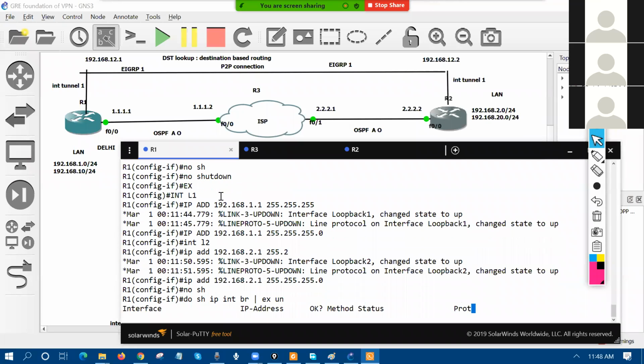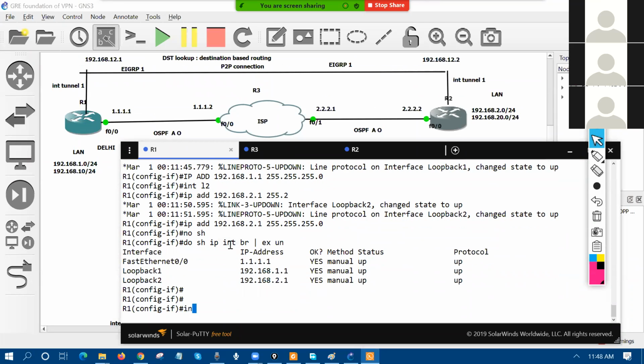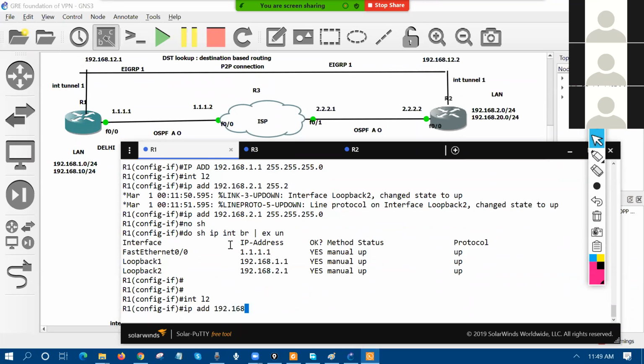Loopback does not have a MAC address, guys. Always remember. So we have this interface 0/0 that is 101. And this is loopback number 1 to 101. That's the LAN information. And loopback number 2 is 2.1. Okay, let's make it 10. According to the diagram, it has to be 10.1.